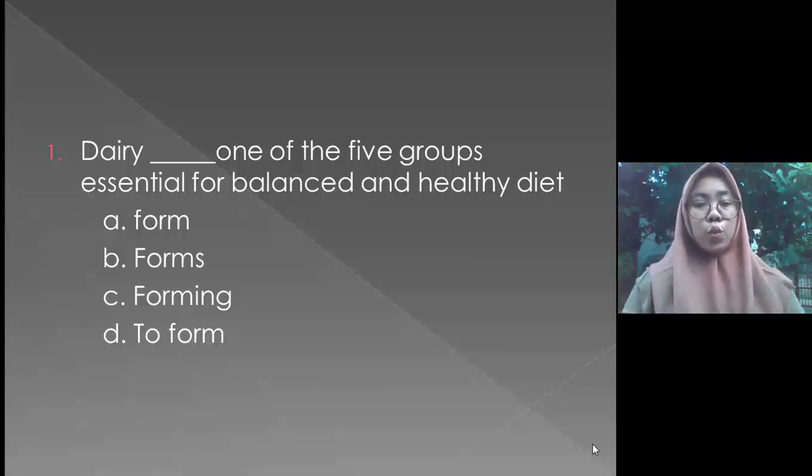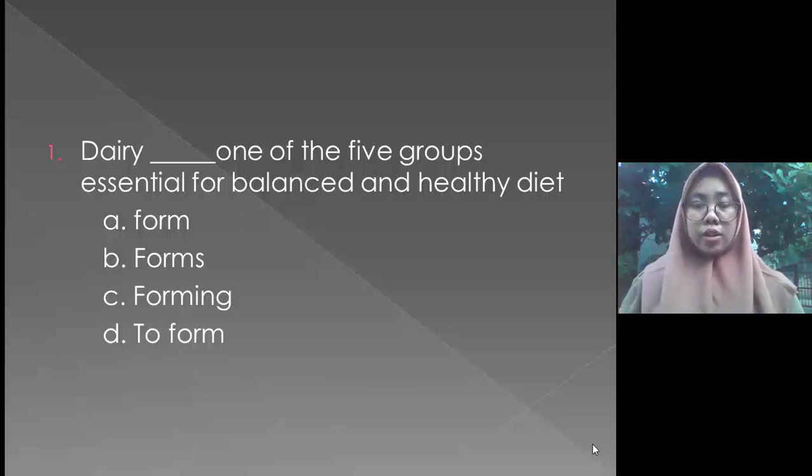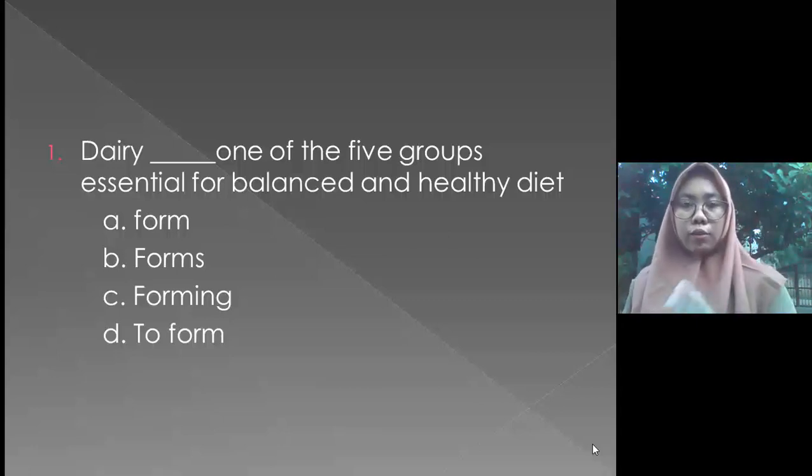Okay, our material is enough, so we go on to the examples of the questions. The first one: dairy blah blah blah, one of the 5 groups essential for a balanced and healthy diet. Okay, here it talks about word order. We can see the subject first. The tip for answering is you must look at the subject and verb.